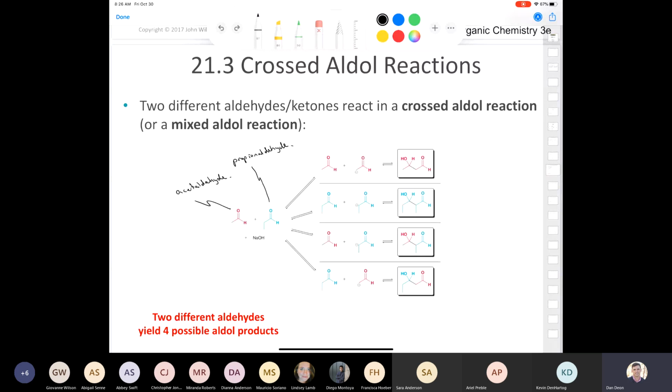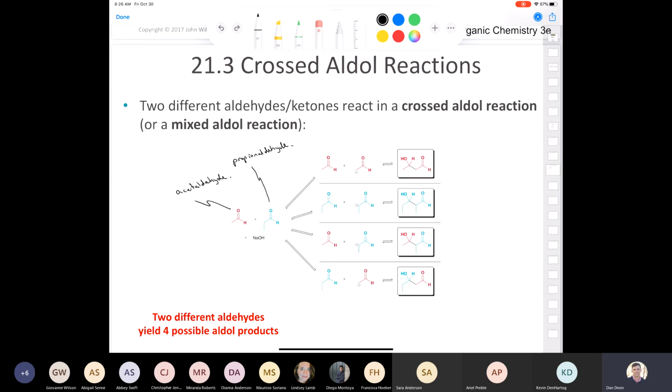If I have two molecules of acetaldehyde reacting together, two molecules of propionaldehyde reacting together, I can get two different products. And if I have the enolate of the propionaldehyde reacting with acetaldehyde, that gives me another product. And if I have the enolate of acetaldehyde reacting with propionaldehyde, that gives me another product.